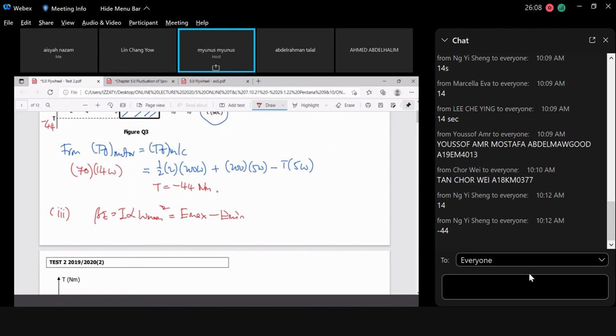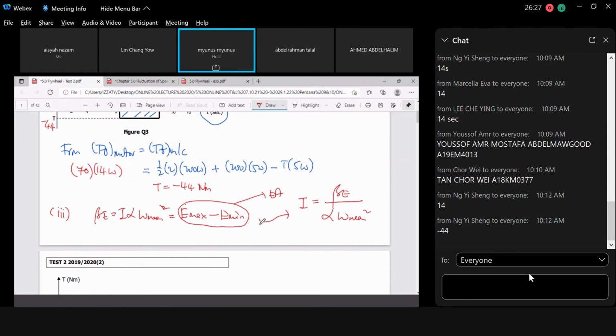As I mentioned earlier, you cannot run away from the energy, and this is coming from the energy. If you simplify this, your I is equal to delta E divided by alpha omega mean to the power of 2.